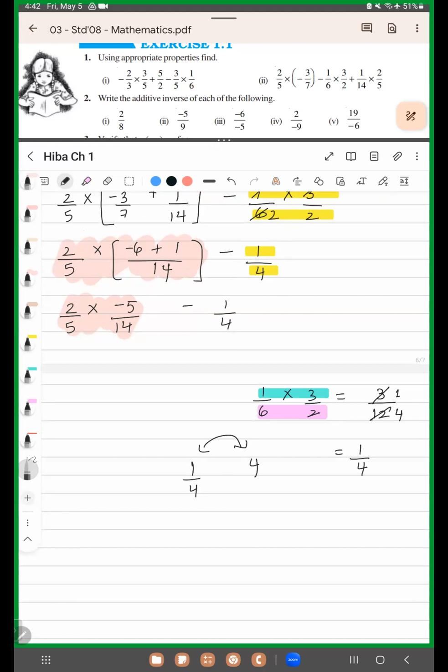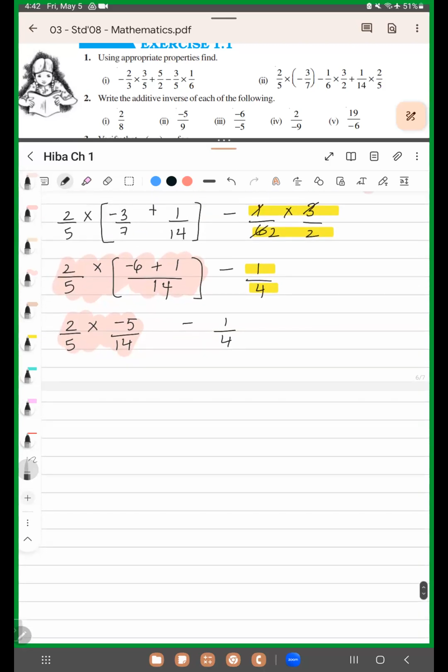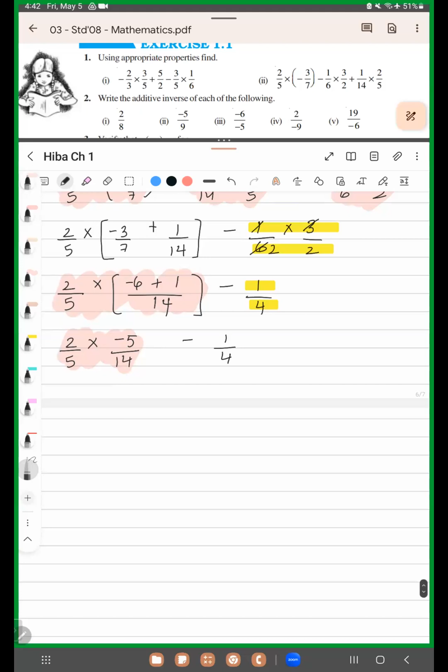Okay, I got. Got it? Pakka? Yeah. Okay. So now, can you solve this?